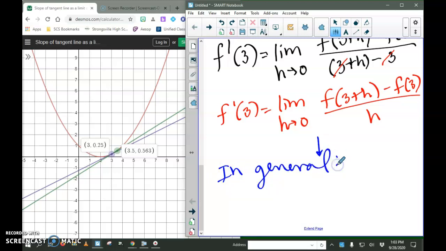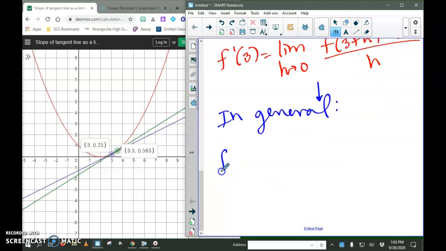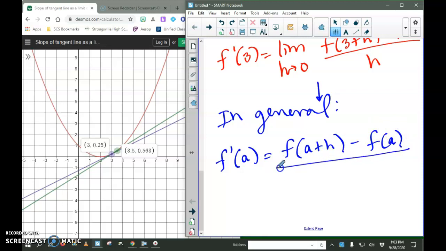In general, that second limit definition of a derivative, and that's what I started to do up top, f prime of a. For any a that I have, I would evaluate the difference of the outputs divided by the difference of the inputs. And what happens is that this a cancels with this a. Okay? And this would be specific to using the points a comma f of a.